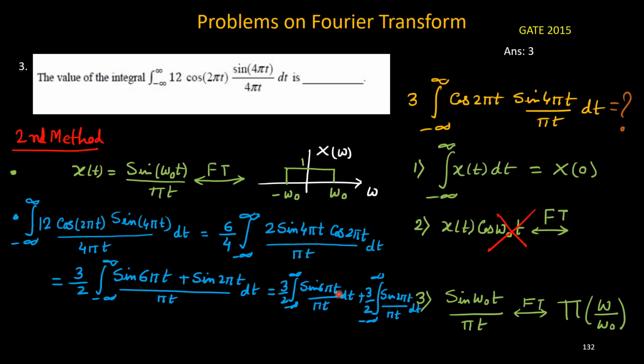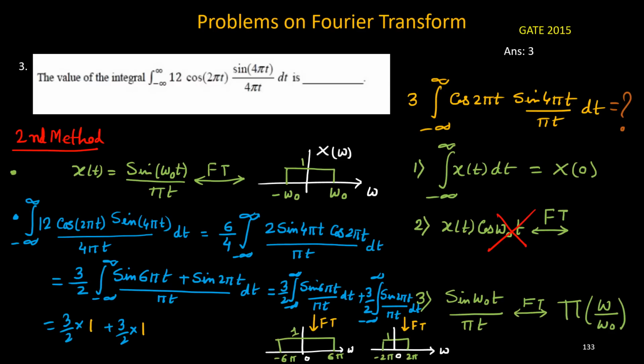Now this is one signal, its integral, and this is the other signal. The spectrum of the first will be up to ω₀, where ω₀ is 6π. So its spectrum will be 1 up to 6π and minus 6π. And for the second one, its spectrum will be 1 within minus 2π to 2π.